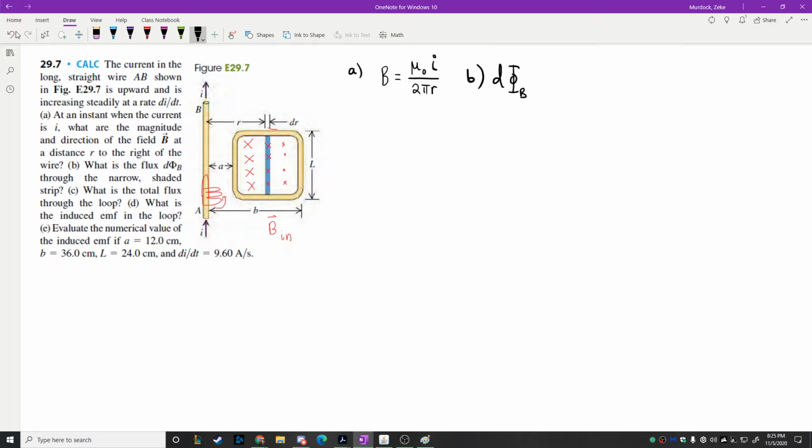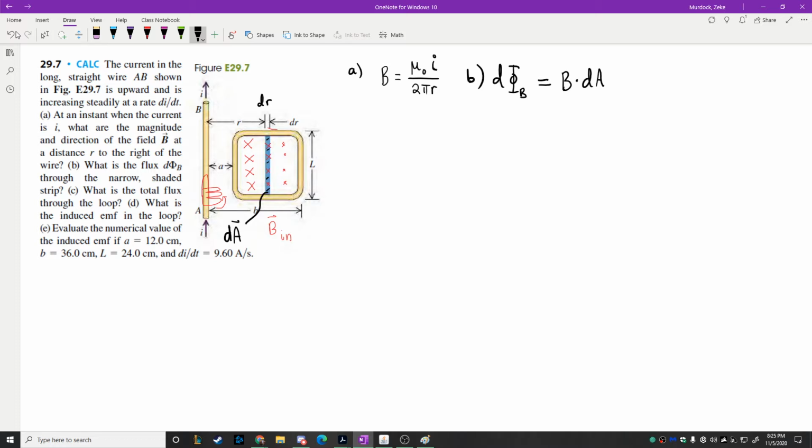The way they've drawn this isn't super clear to me, but the thickness of our strip we're going to call dr. The magnetic flux should be equal to the size of the magnetic field, which along that one blue strip has a certain value, multiplied by dA, the area of that whole blue strip.